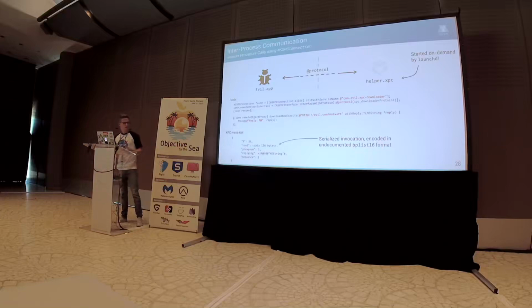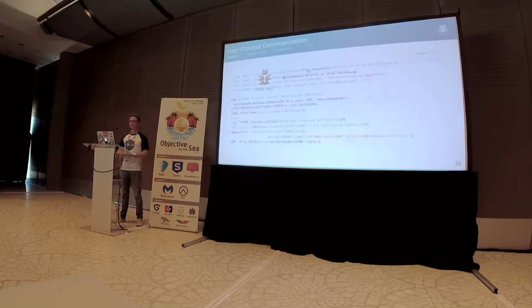And so this data object is the serialized invocation in an undocumented format. So this is a plist, but there are different binary plist formats. Some of them are documented. This one is not. It's not really hard to reverse this, but in this data blob, there are contained the method selector and the arguments to the function call.